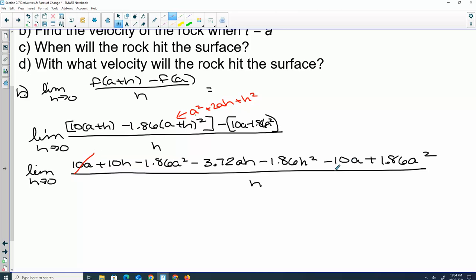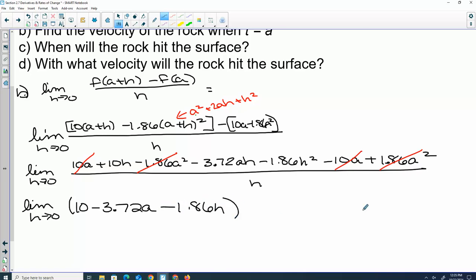Positive 10A and negative 10A cancel. Negative 1.86A squared and positive 1.86A squared cancel. What do you notice about every term we have left on the top? They have an H. So if we take an H out of everything, that would leave us 10 minus 3.72A minus 1.86H.